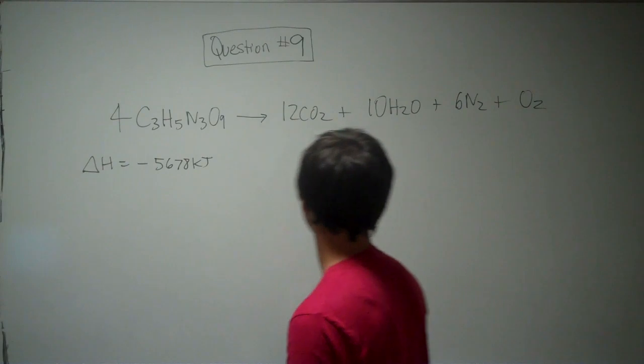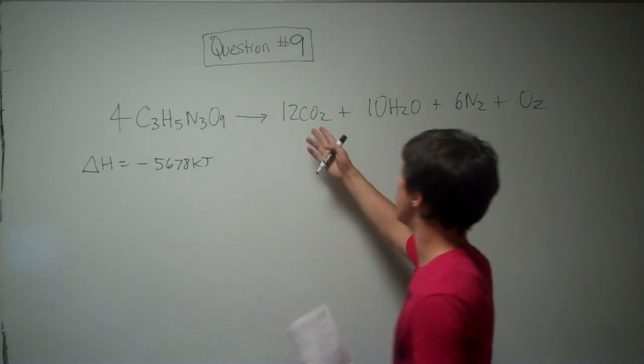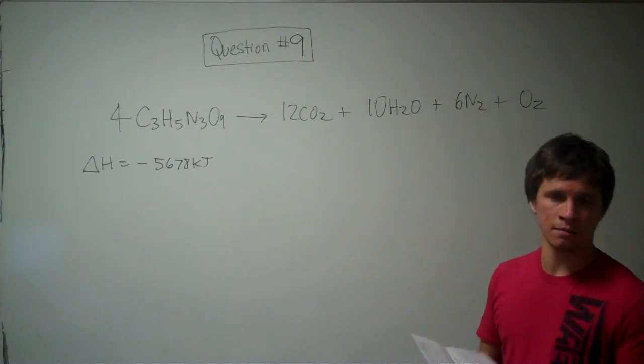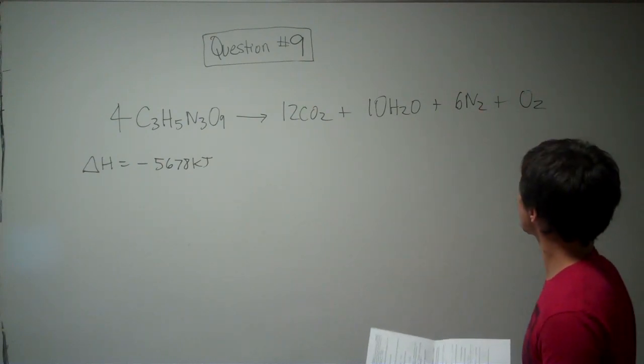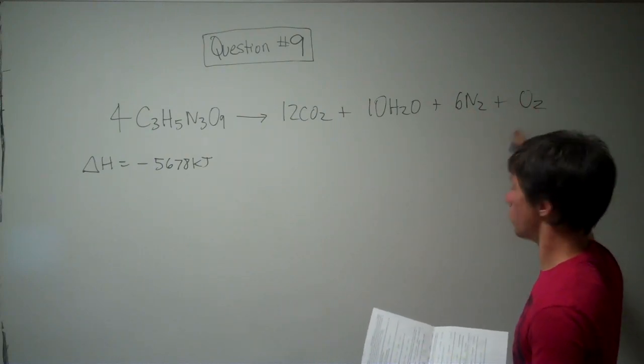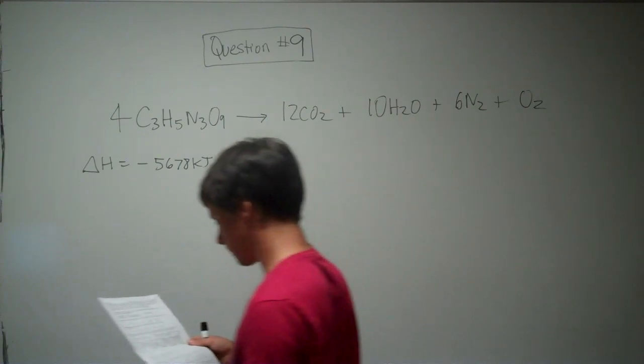Well, at first glance you might think, well, they didn't tell me the delta H values for nitrogen and oxygen. Well, you don't actually need them. They're 0. All diatomic elements, like N2, O2, Cl2, whatever, those are all 0.